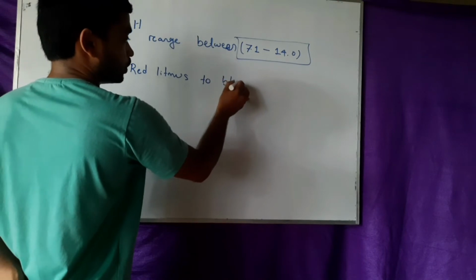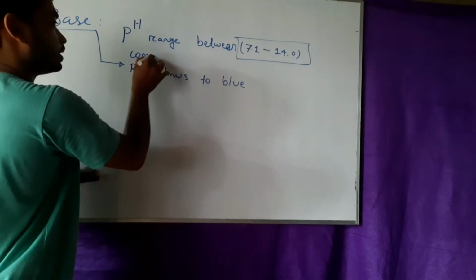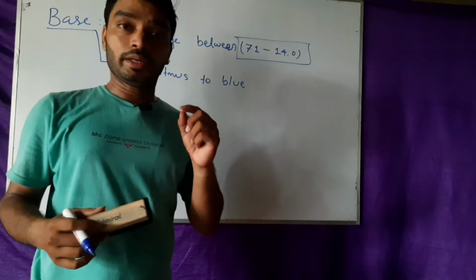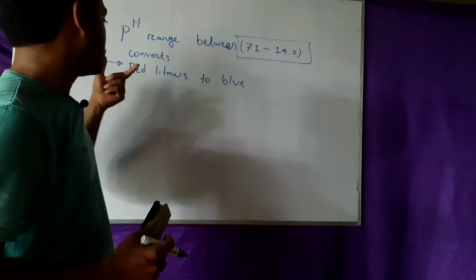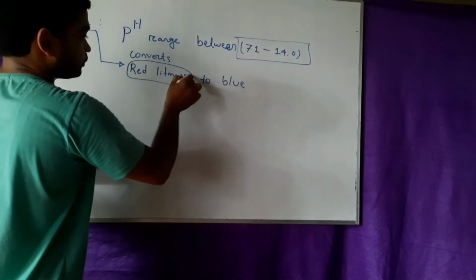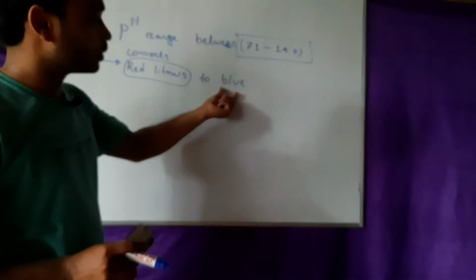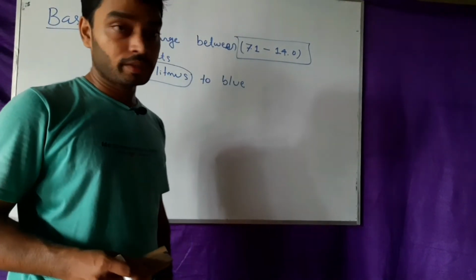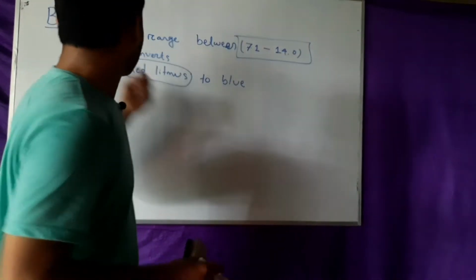It has no effect on blue litmus paper, because blue litmus paper does not respond to a base. Blue litmus paper is converted to red by the acids, and red litmus paper is converted to blue by the bases.